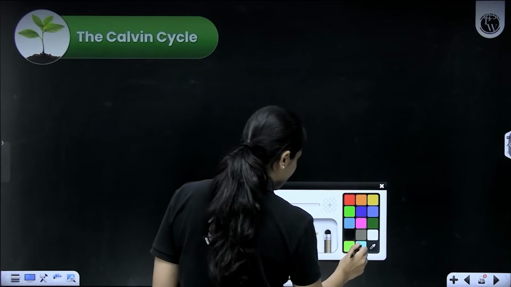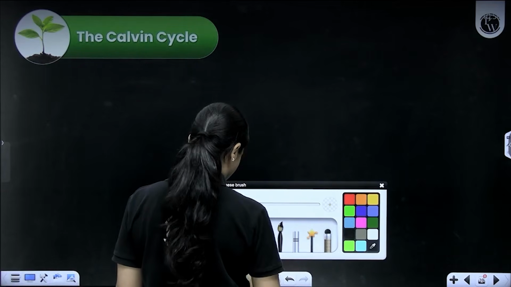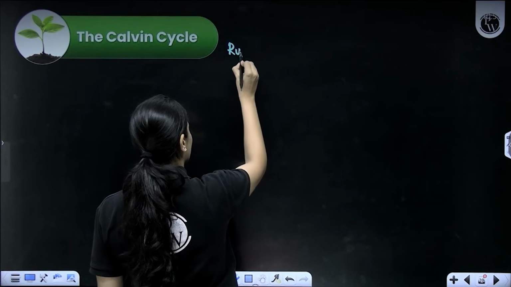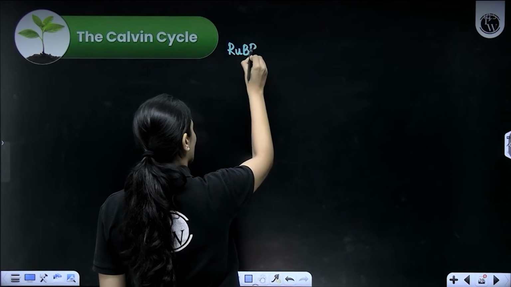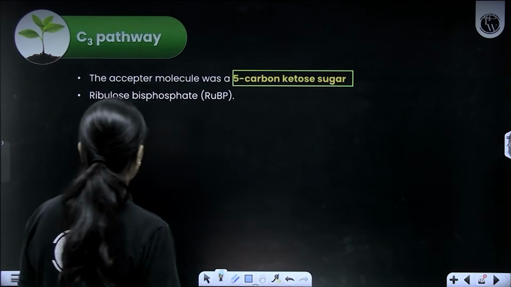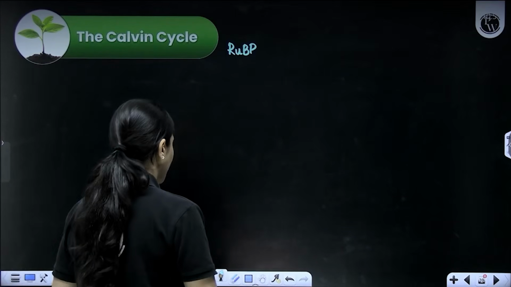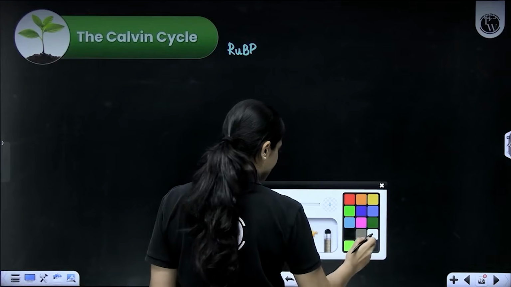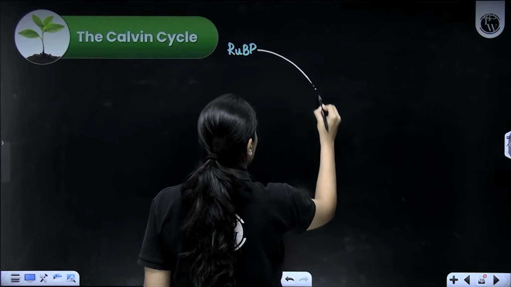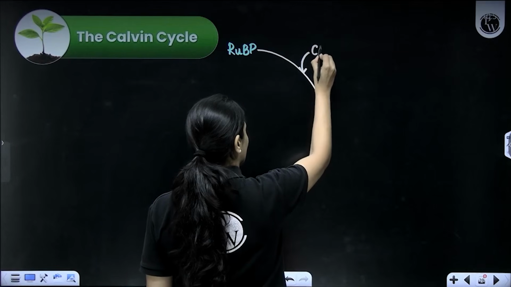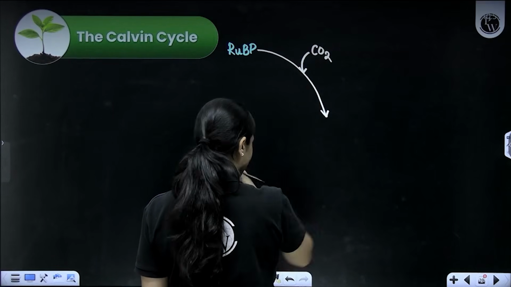We'll start off with RUBP. RUBP, like I mentioned earlier, is ribulose bisphosphate. It's mentioned here. RUBP is ribulose bisphosphate. To RUBP, in the first step, carbon dioxide from the atmosphere will get added.